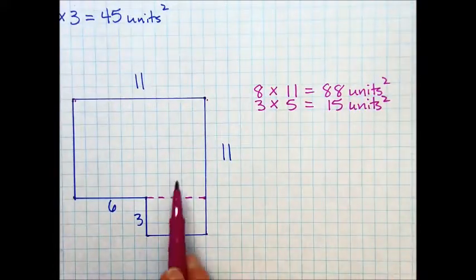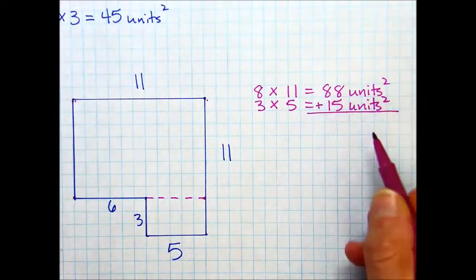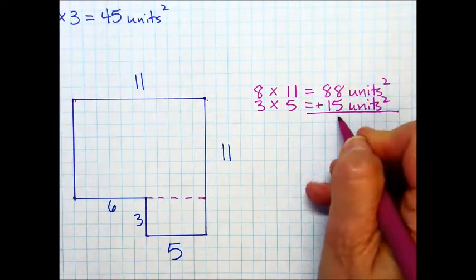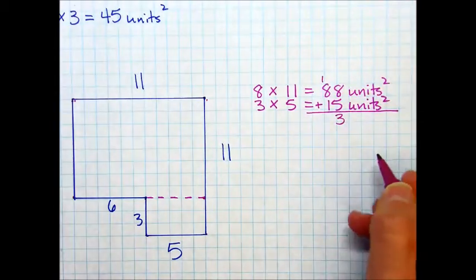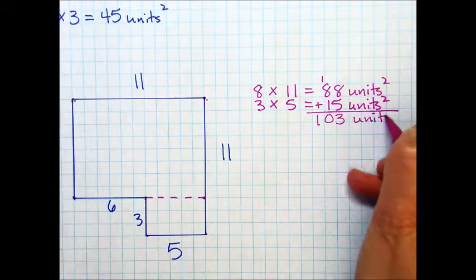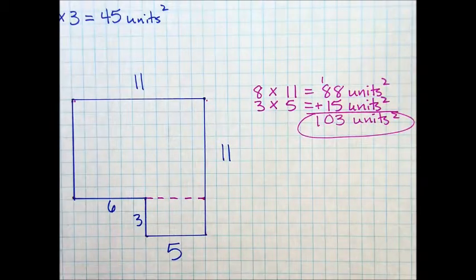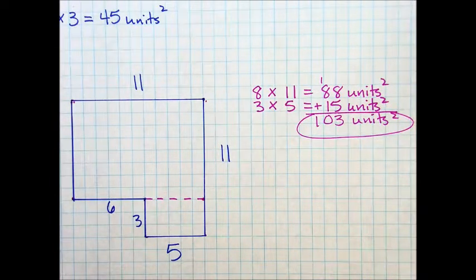Now, like I said, we can add them together. 88 plus 15, and then we've got 103 units squared. So that is definitely one way that we could do it.